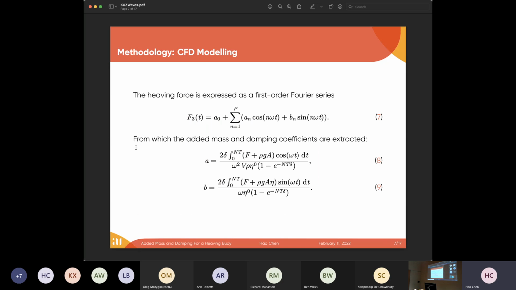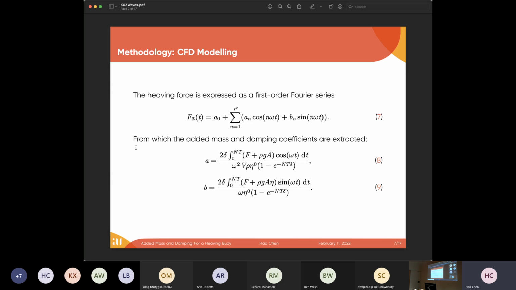Okay, so once we get the motion, because what we can get from the CFD is the time series of the heave motion, and also the force acting on the cylinder. What we do is decompose the force in the time domain obtained from the CFD model, and express it as a first order Fourier series.